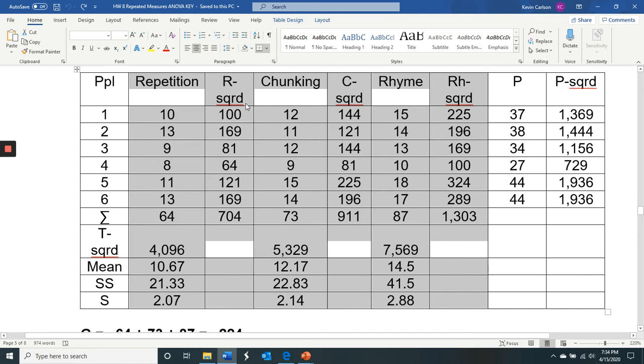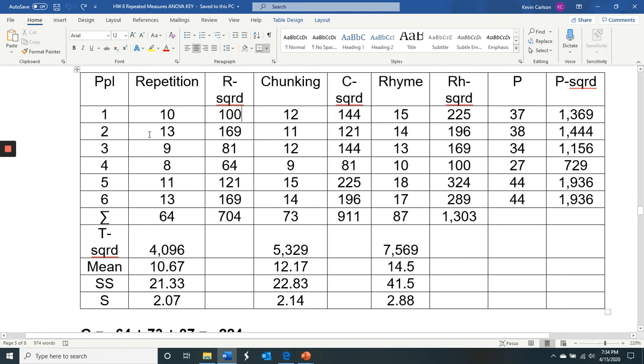Typically how I do it, and maybe I'll say it differently this time, because people might do it differently, you could simply add the raw scores for each of the conditions. So here, repetition, add them together. This is our T. 64 is T for repetition. And we want T squared, so we take 64 times 64 and we get T squared right there.